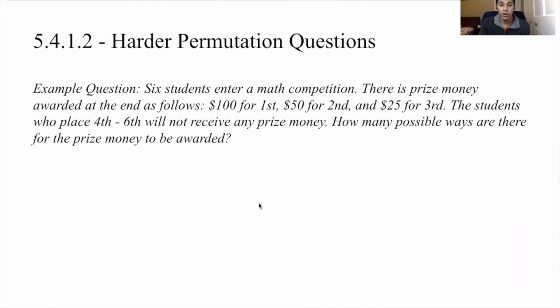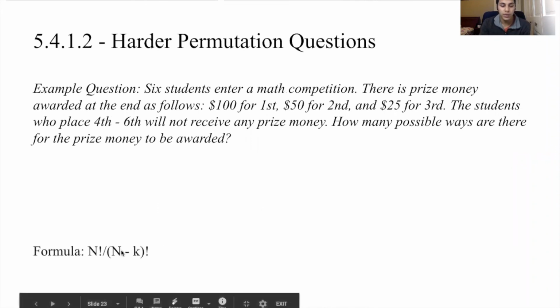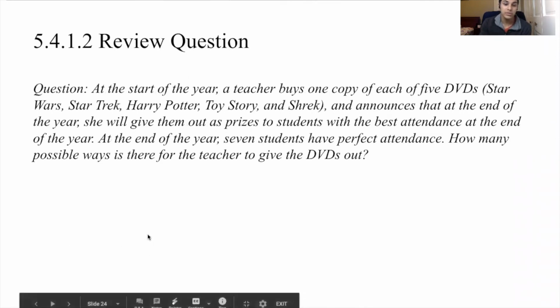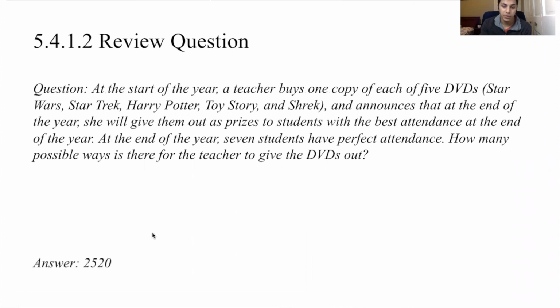Then we talked about harder permutation questions where we derived this formula, n factorial over n minus k factorial, where n is the amount of choices and k is the amount of choices we care about to determine that permutation. Next we did a review question with permutations, and we got the answer 2,520.